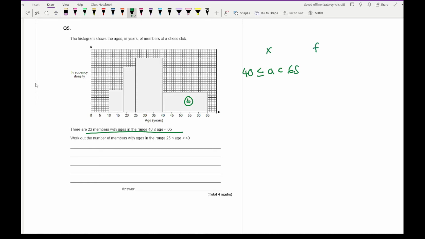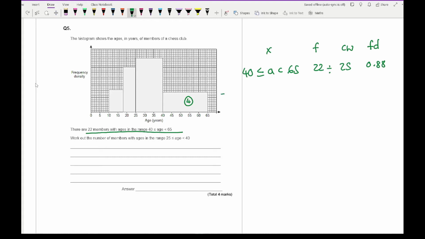The frequency is 22, and the class width is 25, and we want to know what the frequency density is. So if I divide 22 by 25, that gives me an answer of 0.88. So from this, the height of this bar is 0.88.